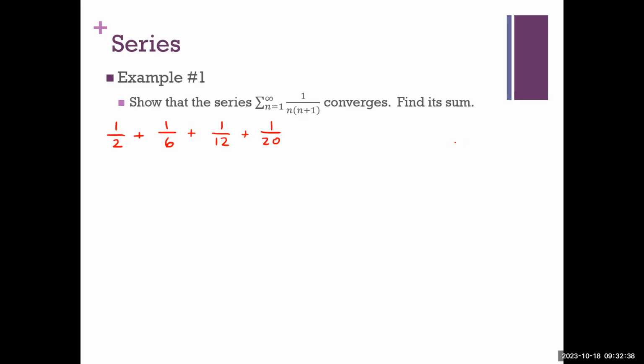I think I have a typo in here. I wonder if I meant this 1/n plus 1. I'll figure out what I meant to say, but I know I have a typo there, and I don't want to guess at what it was. So I'll come back to that.